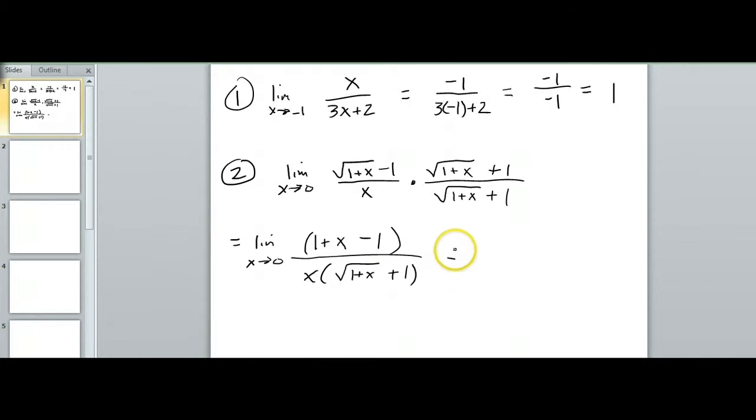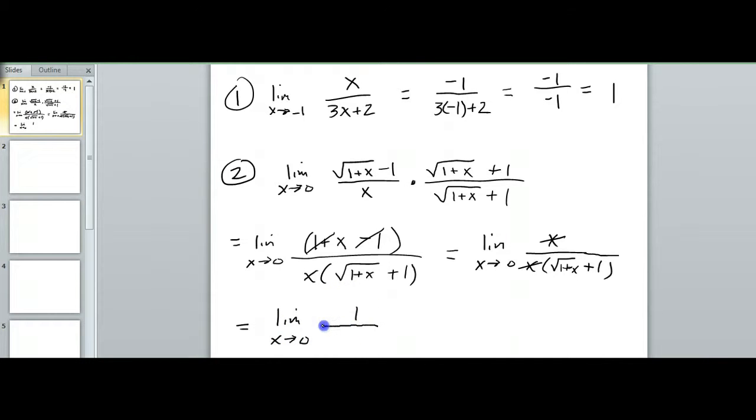Now this 1 and -1 wipe each other out, and we get the limit as x approaches 0 of x over x times the square root of 1 plus x plus 1. And now this x and this x wipe each other out, and we're left with the limit as x approaches 0 of 1 over the square root of 1 plus x plus 1.